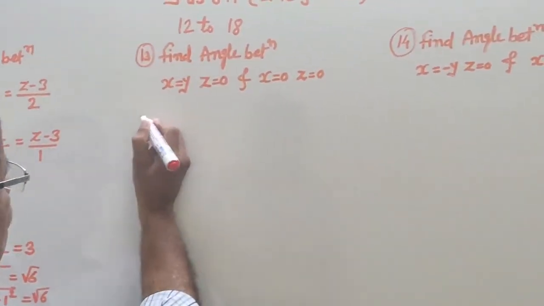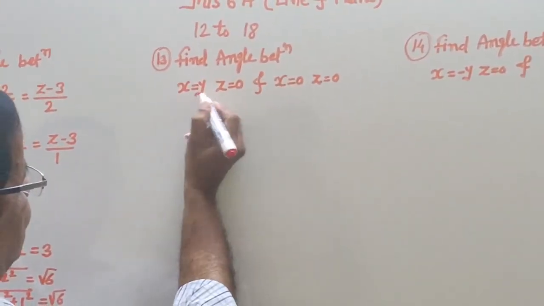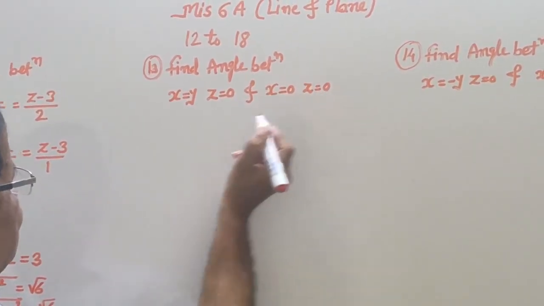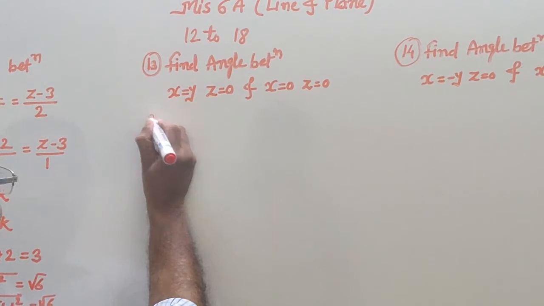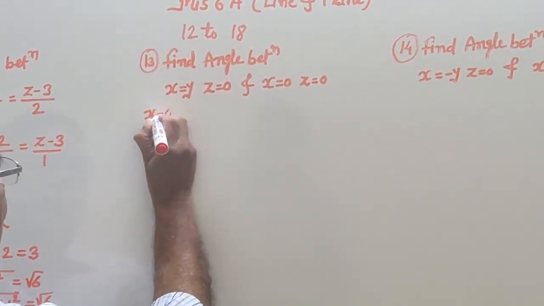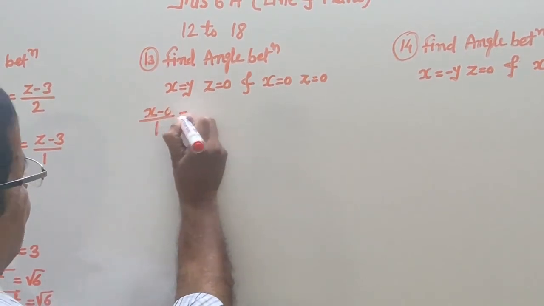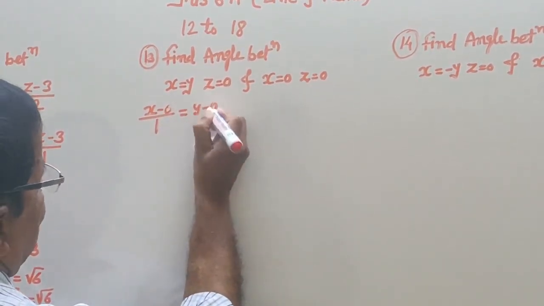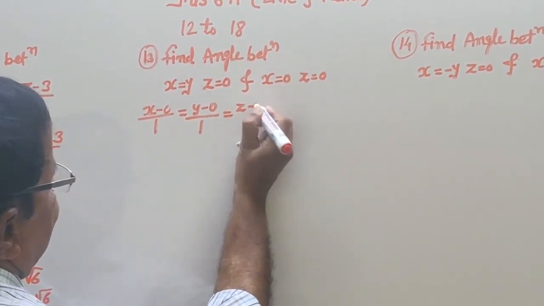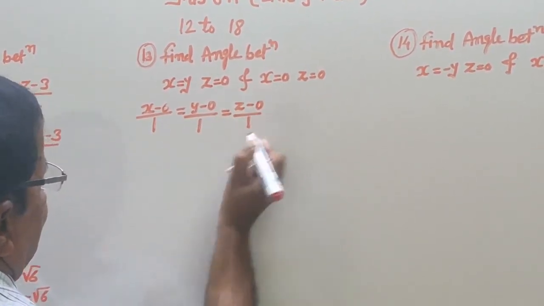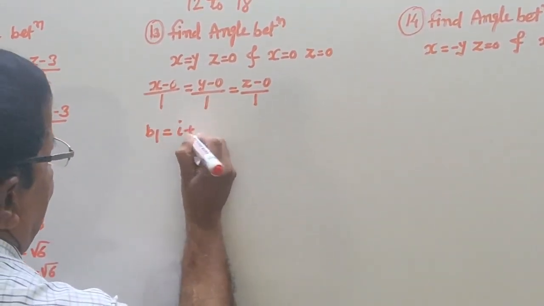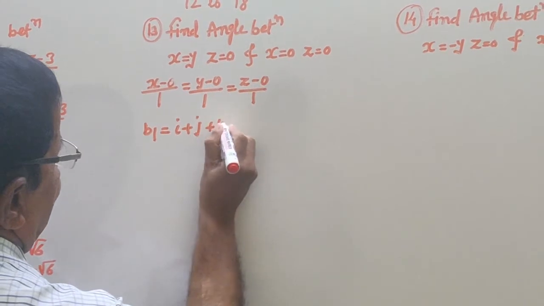Now find the angle between the lines x is equal to y and z is equal to 0, and x is equal to 0 and z is equal to 0. Now I can write down (x minus 0)/1 = (y minus 0)/1 = (z minus 0)/1, which means my b1 is i plus j plus k.